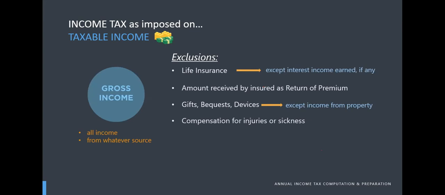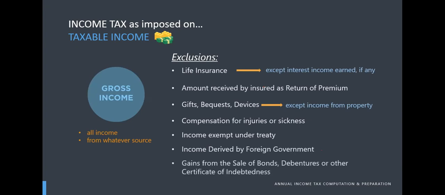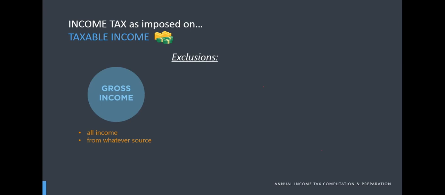Compensation for injuries or sickness. So this is coming from health and accident insurance. Income exempt under treaty. There are certain provisions under some treaties that may not be subject to income tax. Income derived by foreign government, gains from sale of bonds, debentures, or other certificate of indebtedness, income derived by government or its political subdivisions.